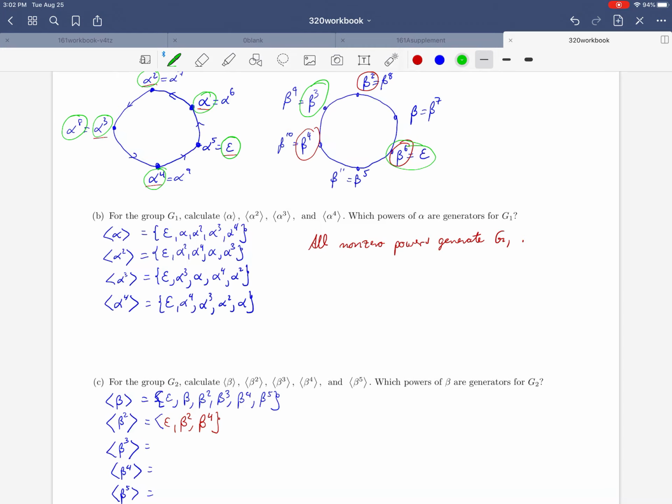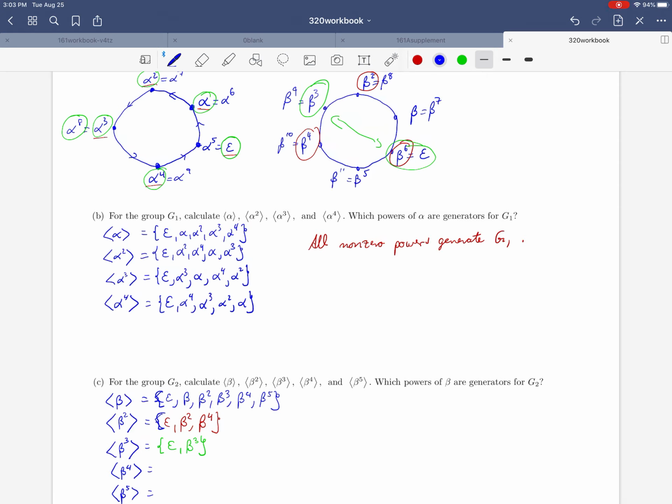So I'm basically skipping 2 powers of beta and going directly to beta to the 6th, and then I would skip 2 again and pick up beta cubed. So I'd be just going back and forth between the identity and beta cubed. So this is just the identity and beta cubed.